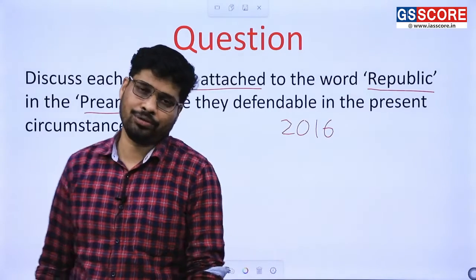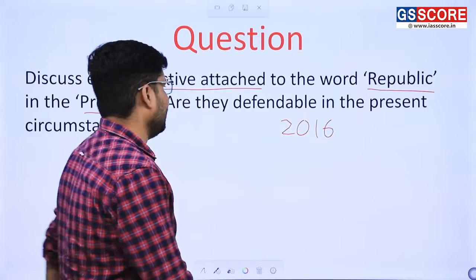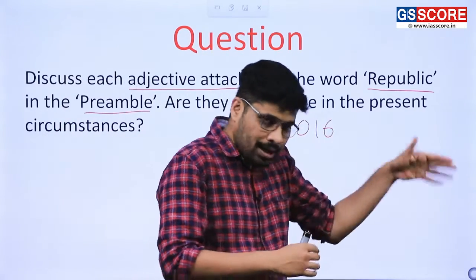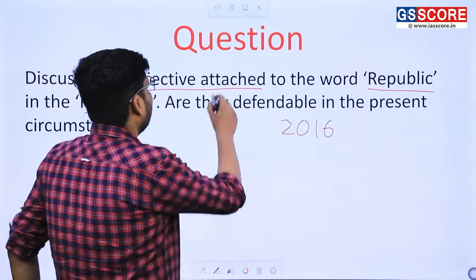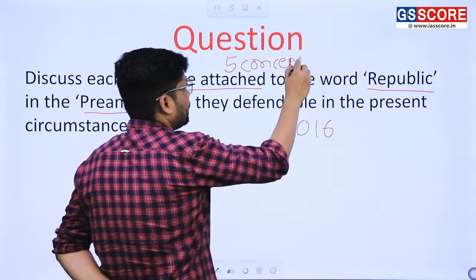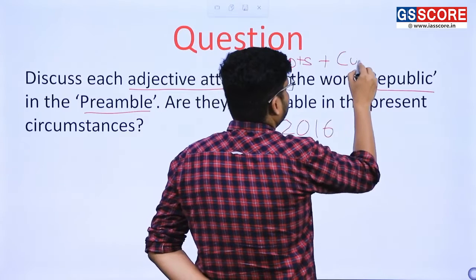So what UPSC has done, very intelligently, is that it has asked you to relate 5 concepts, not 1, not 2, but basically 5 concepts, with current affairs.